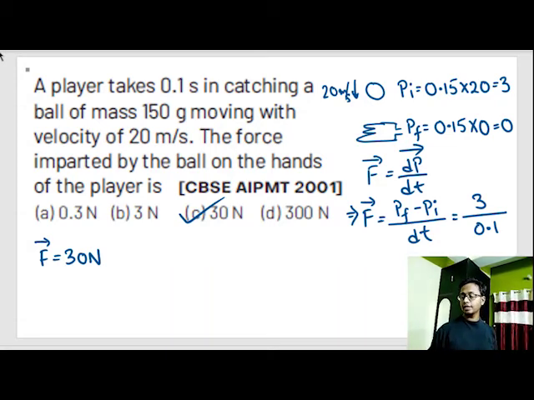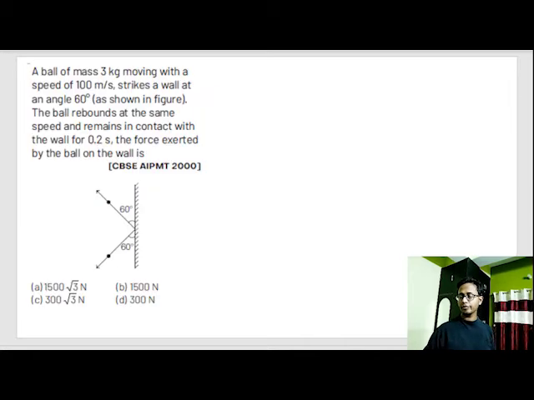So let's check the next question. A ball of mass 3 kg moving with a speed of 100 meter per second strikes the wall at angle 60 as shown in figure. The ball rebounds at the same speed and remains in contact with the wall for 0.2 seconds.